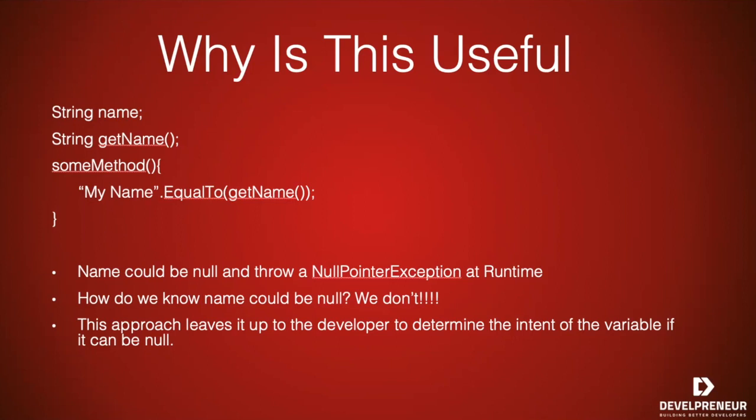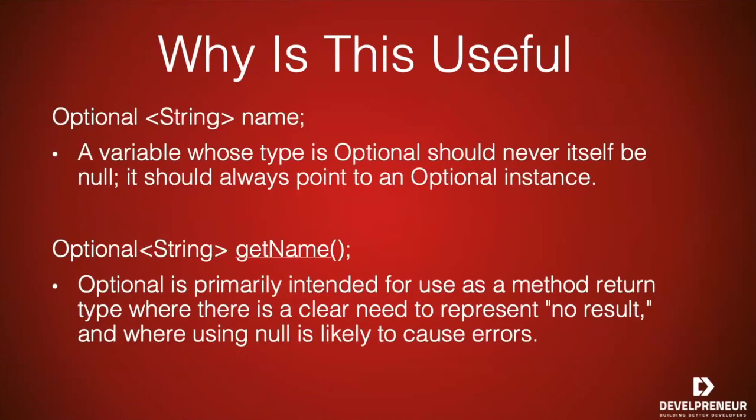And this is where Optional comes in. So why is Optional useful? The Optional class gives us the ability to wrap our variables and our methods with an Optional, which implies the intent that our variable or our method could potentially return a null result.